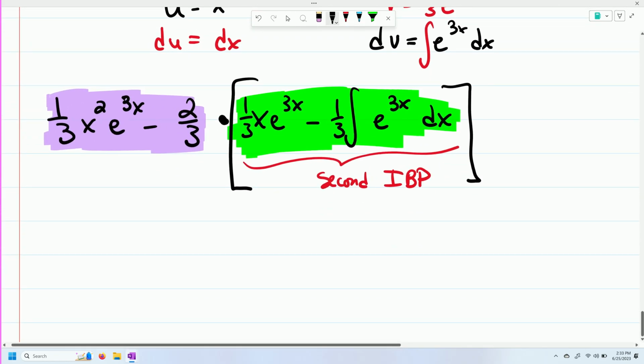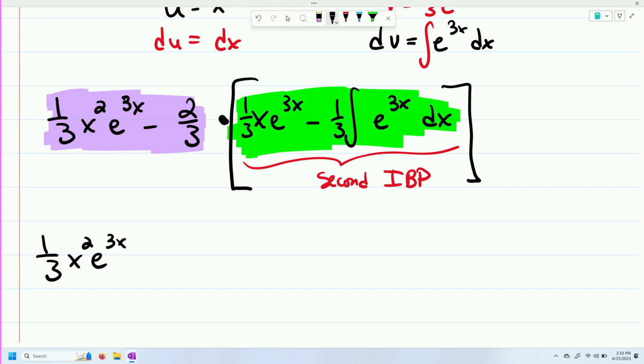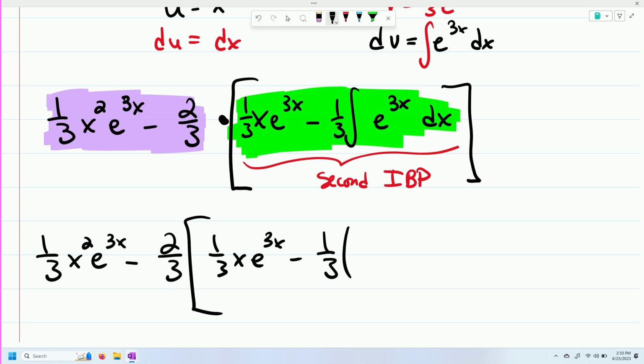Going from left to right, 1/3 x squared e to the 3x minus 2/3 times 1/3 x e to the 3x minus, now we have 1/3 times e to the 3x. Its integration is 1/3 e to the 3x plus c.